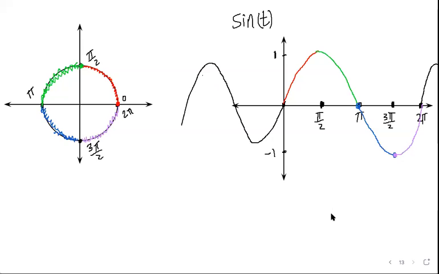The amplitude, I'm going to talk about the amplitude next time. The amplitude is going to be changed, but not in this graph. So for this one, we just know how to graph the sine function from the unit circle.